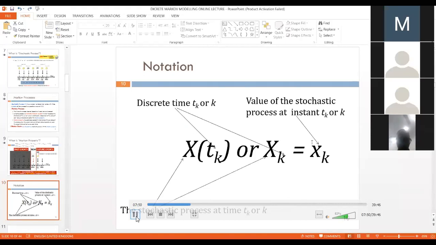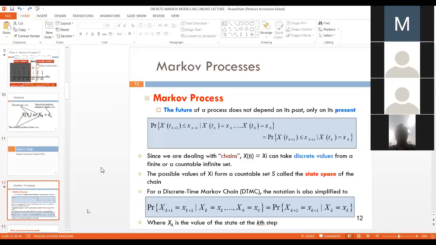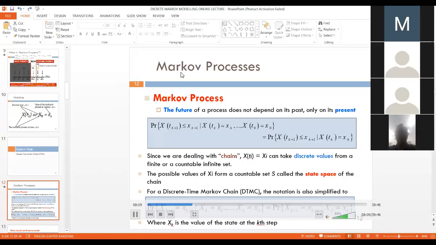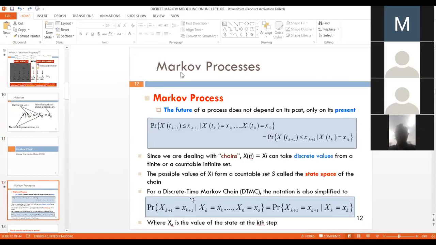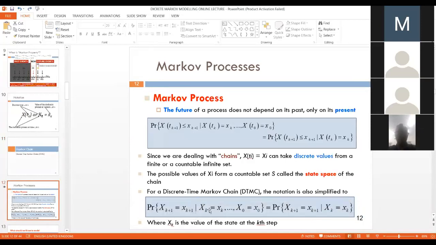So i can be the state space, the value of the random process at a particular time. Then we looked at how to represent this. We said that the probability of the process in a future state, which is k plus 1, being equal to, let's say, i or j, given that the state today is in a certain state, xk. Xk can be i or j. Good.